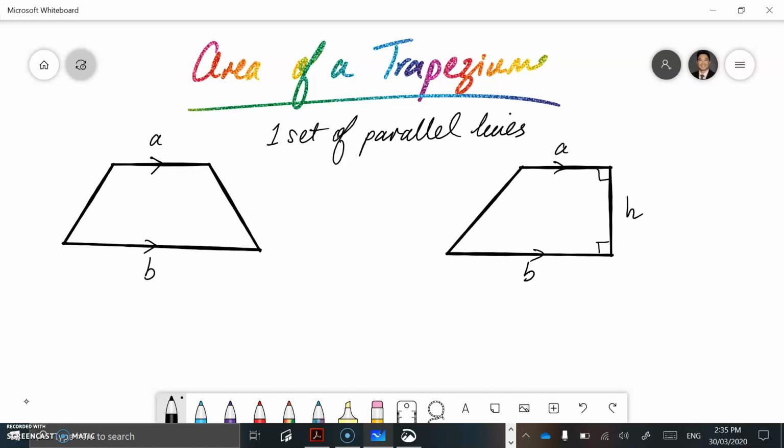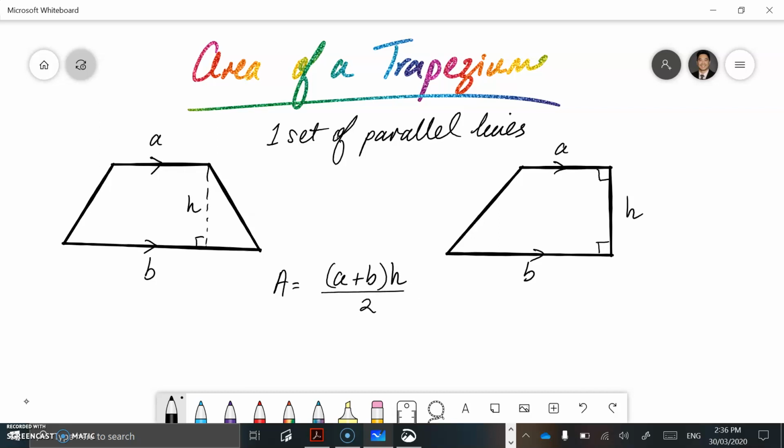Okay. In this case, on the diagram on the left, the slopes don't represent the height, but this one does. Okay, and both scenarios can use the same formula to work out the area. So the area is going to be your two values of A and B added together, and then it's going to be multiplied by the height, and then we're going to divide it by 2.